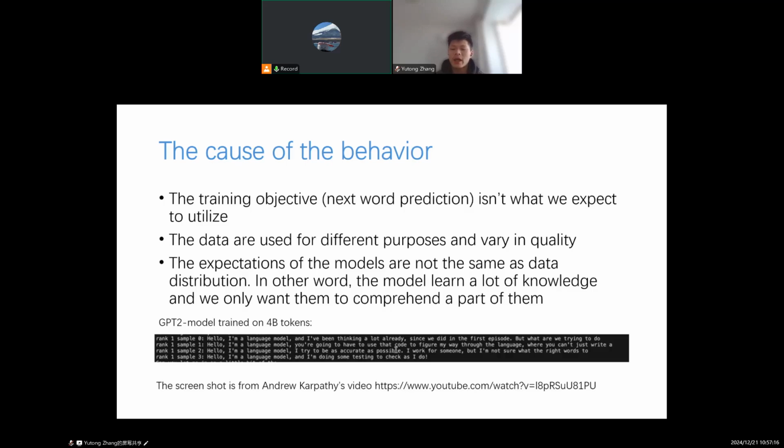However, if we ask our chatbot to generate code to solve this problem, we only want it to give us the correct answer. That's why we say the expectations of the model are not the same as the data distribution, right?